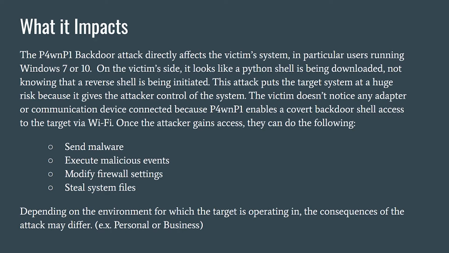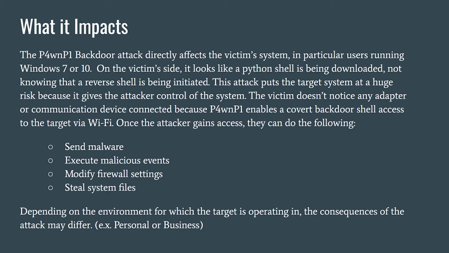The victim doesn't notice any adapter or communication device connected because P4wnP1 enables covert backdoor shell access to the target via Wi-Fi. Once the attacker gains access, they can send malware, execute malicious events, modify firewall settings, or even steal system files. Depending on the environment in which the target is operating, the consequences of the attack may differ.